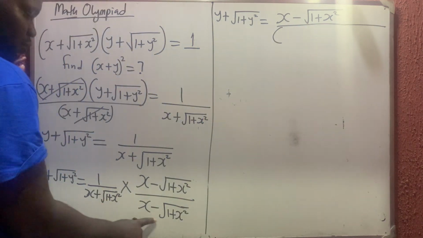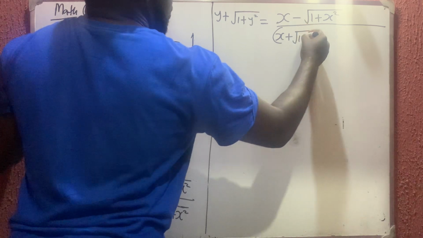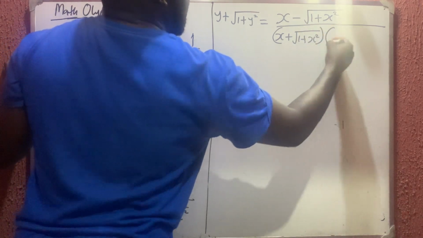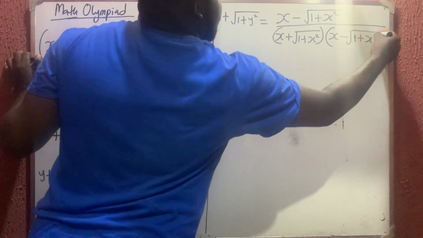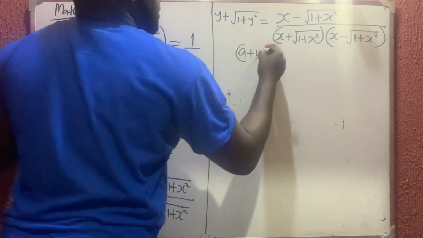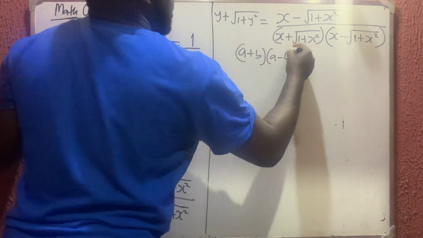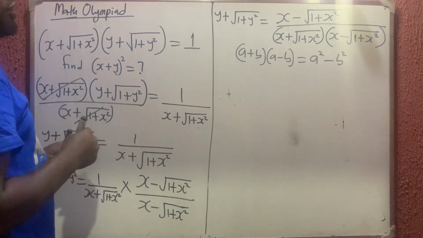Because I'm using this to multiply this, that is x + √(1 + x²) being multiplied by x − √(1 + x²). If you remember that (a + b) multiplying (a − b) will give us a² − b², it is called the difference of two squares.